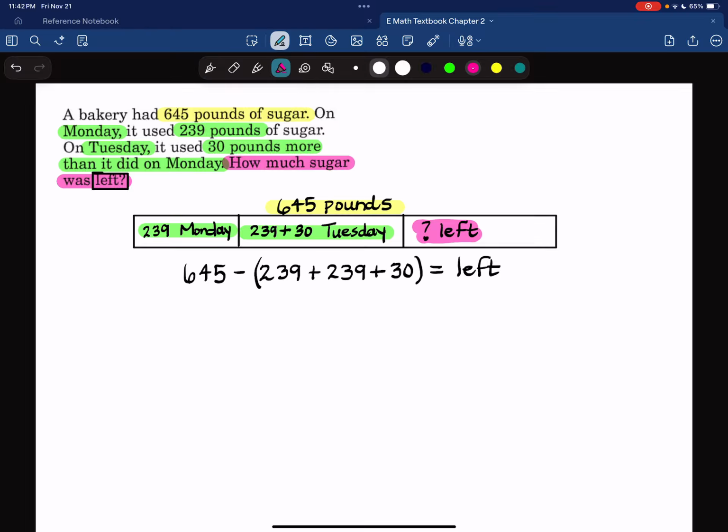So if you follow the highlighter, you've got your total minus what they used up, and that will give you the amount that's left. So we need to do this amount first. So I'm going to come up here and say 239 plus 239 plus 30.